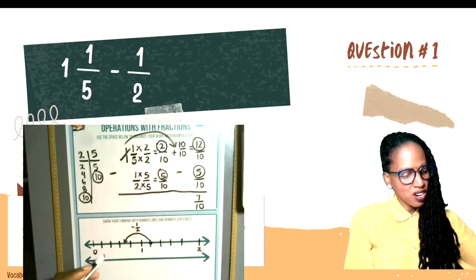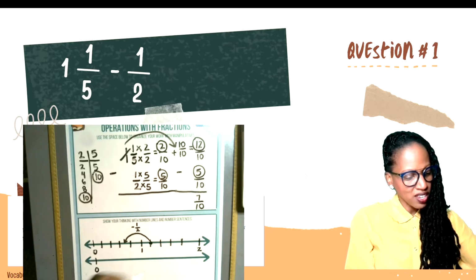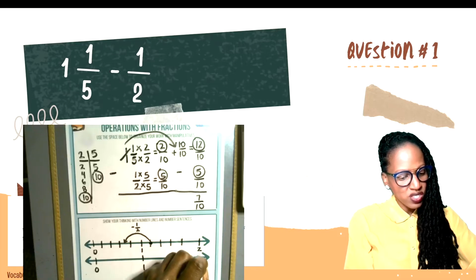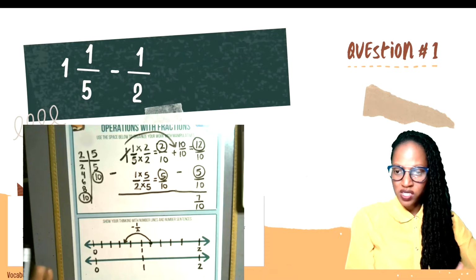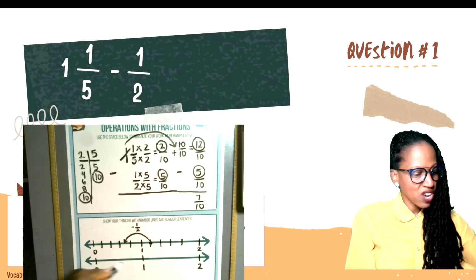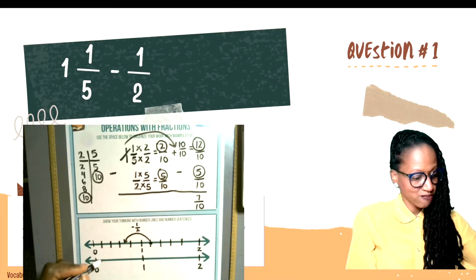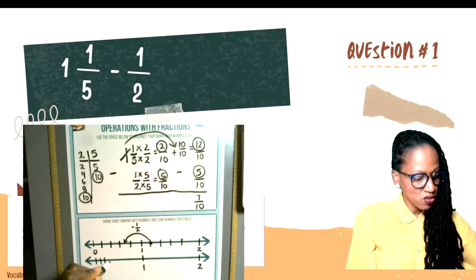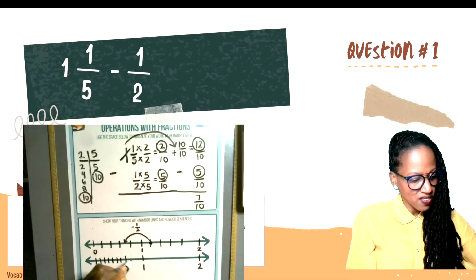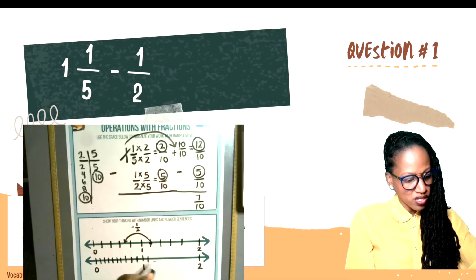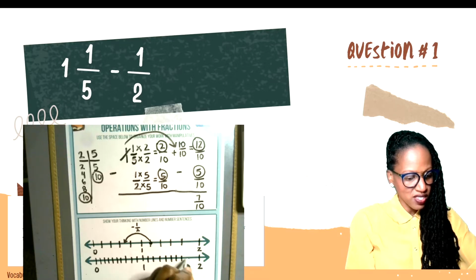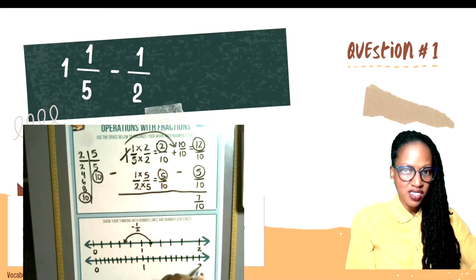But now on our second number line, let's go ahead and represent this using tenths, because we know that 10 is an equivalent unit we could work with. So I'm going to divide this into tenths. 1 tenth, 2 tenths, 3 tenths, 4 tenths, 5 tenths, 6 tenths, 7 tenths, 8 tenths, 9 tenths, 1 whole. 1 tenth, 2 tenths, 3 tenths, 4 tenths, 5 tenths, 6 tenths, 7 tenths, 8 tenths, 9 tenths, another whole.